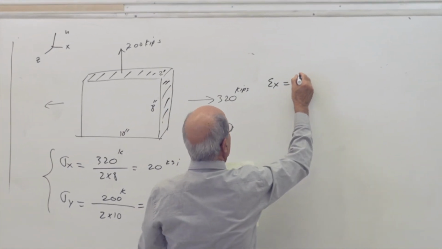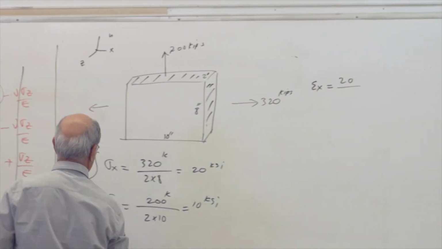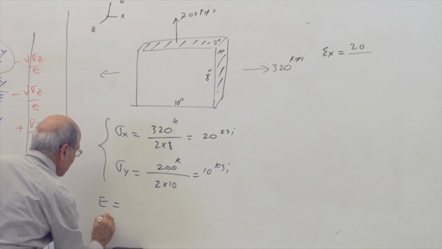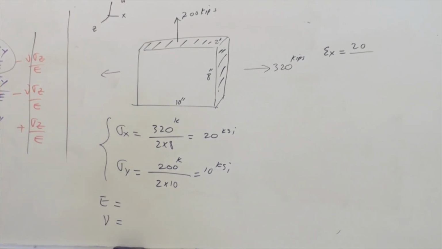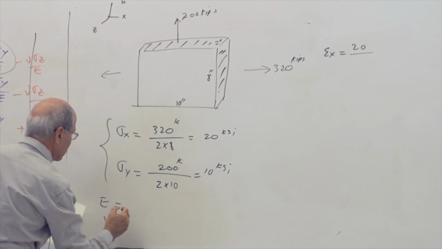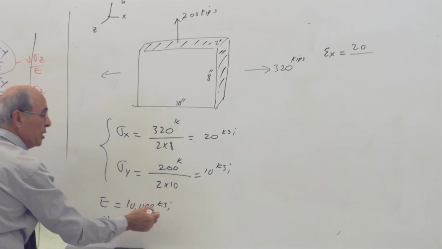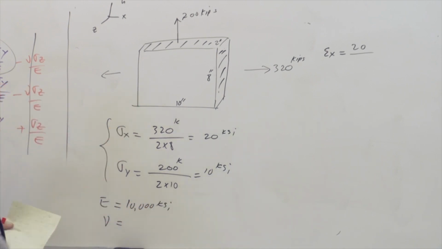So it is 20 KSI divided by, oh, I have to give you, I'm sorry. For this problem, I have to give you E, and I have to give you nu, Poisson ratio, and modulus of elasticity. This is some kind of aluminum, so it is 10,000 KSI. Sometimes we give you in PSI, so you have to watch out for the unit.